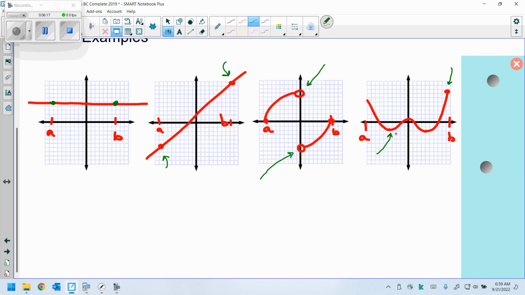Now, there is only one y value, but it occurs a couple of times. And so that would be the absolute minimum value, but it occurs at this x value right here and this x value right here. So those are some examples of the extreme value theorem.